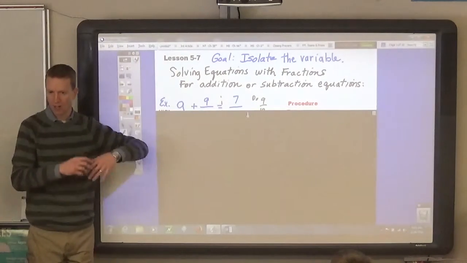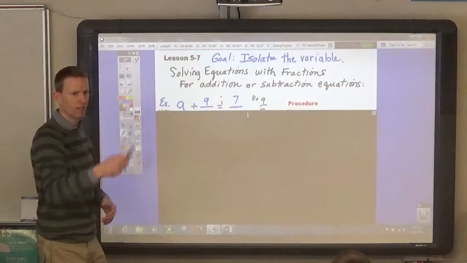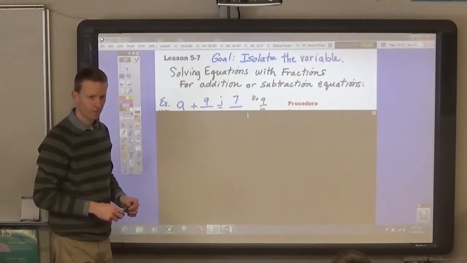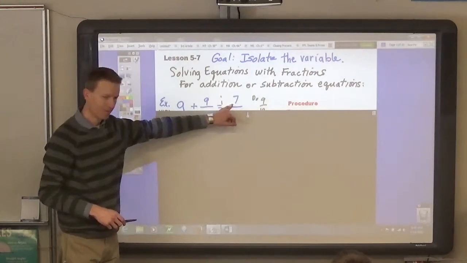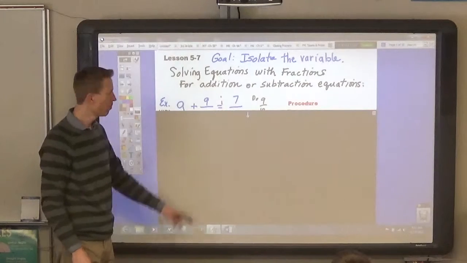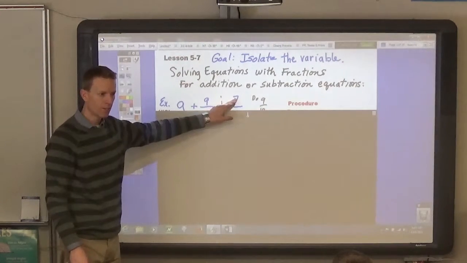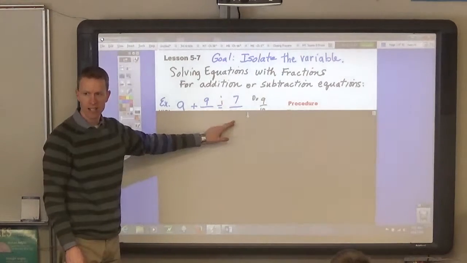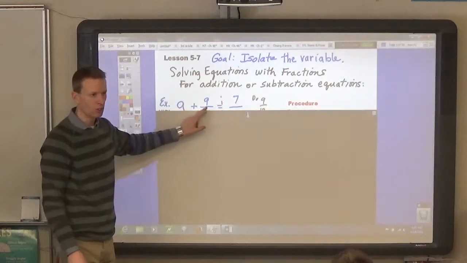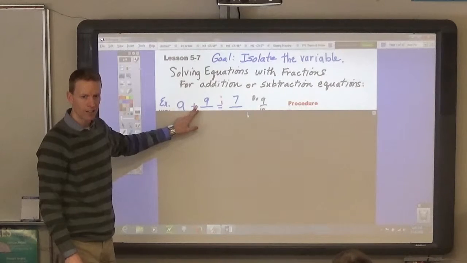Remember when solving a basic equation? You would do plus -9 to 9, and then you do it to the other side. Plus -9, plus -9. 7 plus -9 is -2. So g is -2, right?